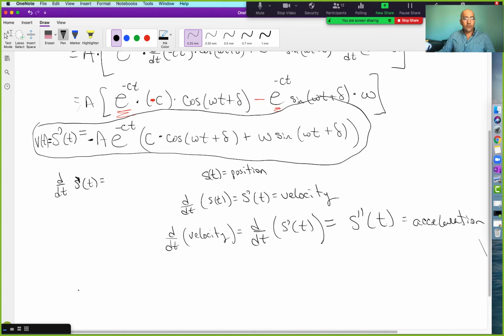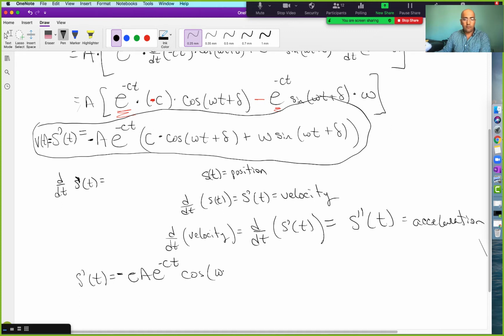Okay, so to find that, I would rather go back and redistribute this. So I'll end up with s of t is equal to negative a e to the negative ct times another c. So maybe put a c out here and put a minus there.